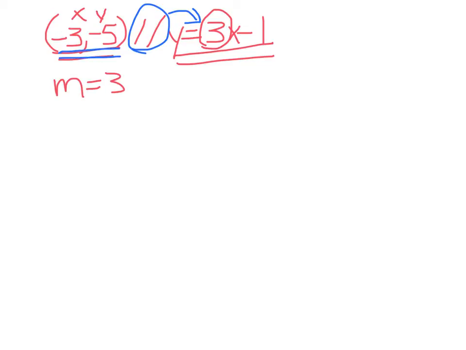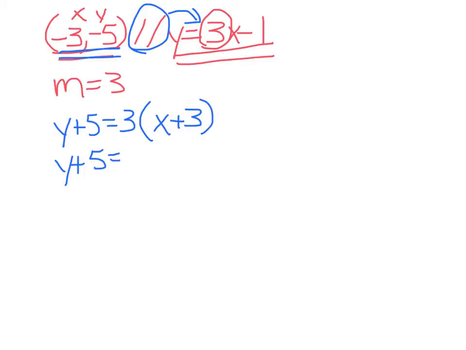So we can use point-slope form, or we can use y = mx + b. If we use point-slope, we're going to have y minus the y value, which is -5, so that's +5, equals m, which is 3, times x minus our x value, which is -3, so that's +3. So you have y + 5 = 3(x + 3).